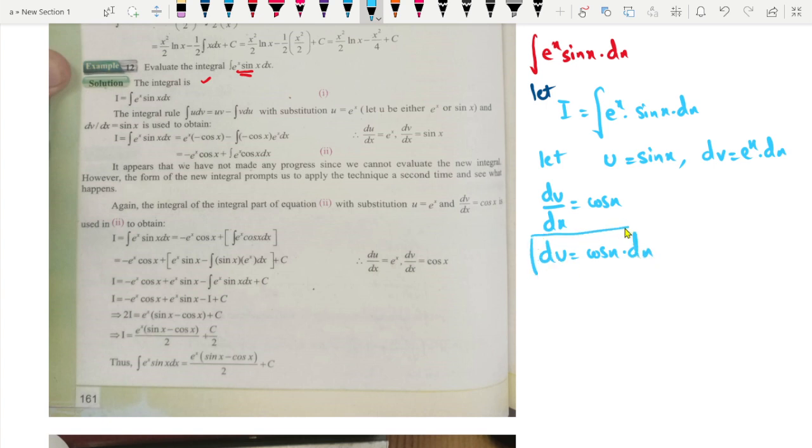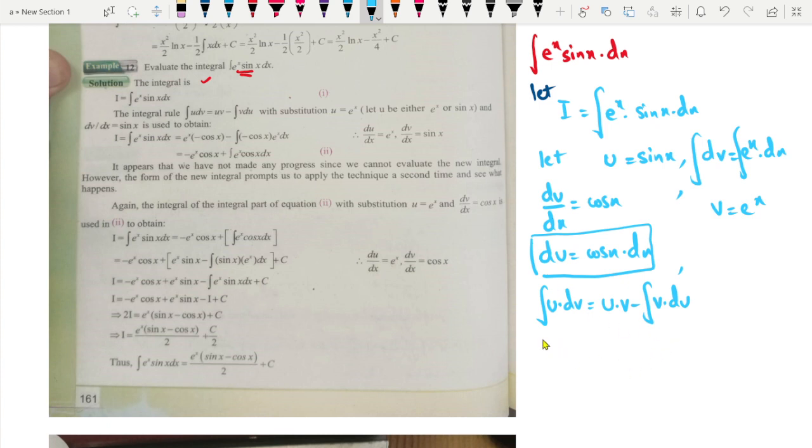This is our du, and the integral of this one is v is equal to e to the x. Putting the values, we know that the integral of u dv is equal to u v minus the integral of v du.